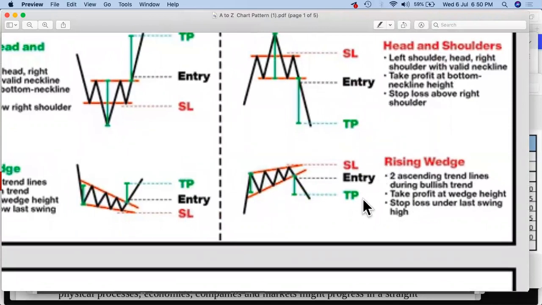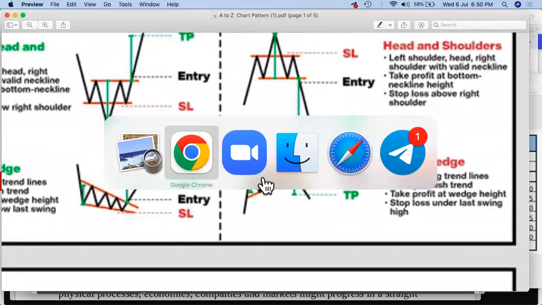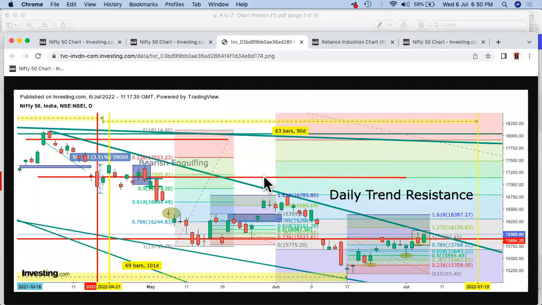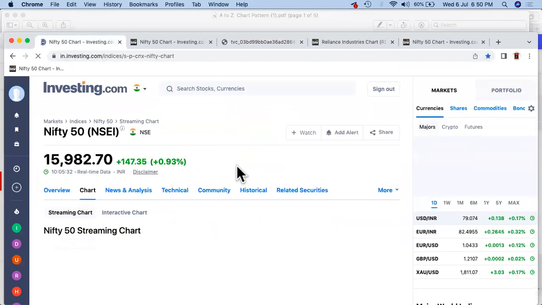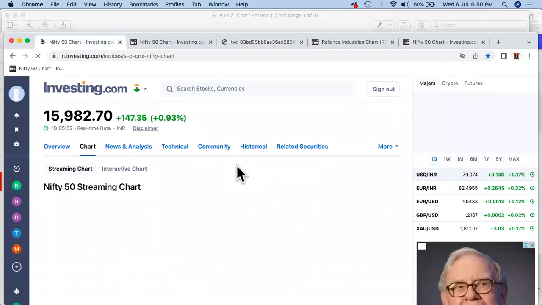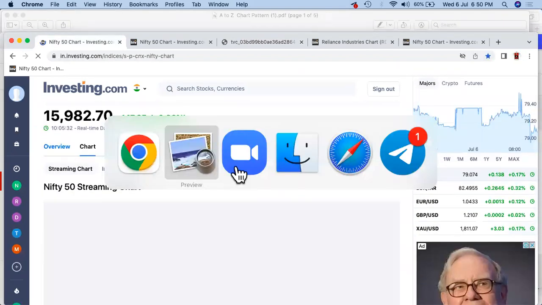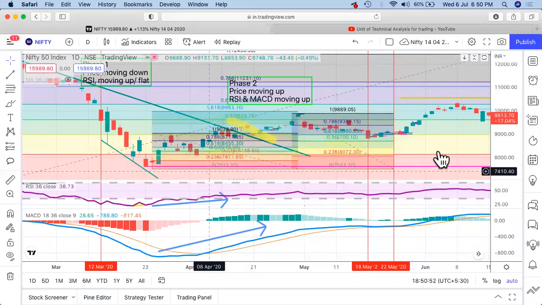See, for example, if you talk about the rising wedge, let's do one thing: let's directly go to the charts. It will be much easier, and we'll also take examples. So we'll rather start with something which is already there.